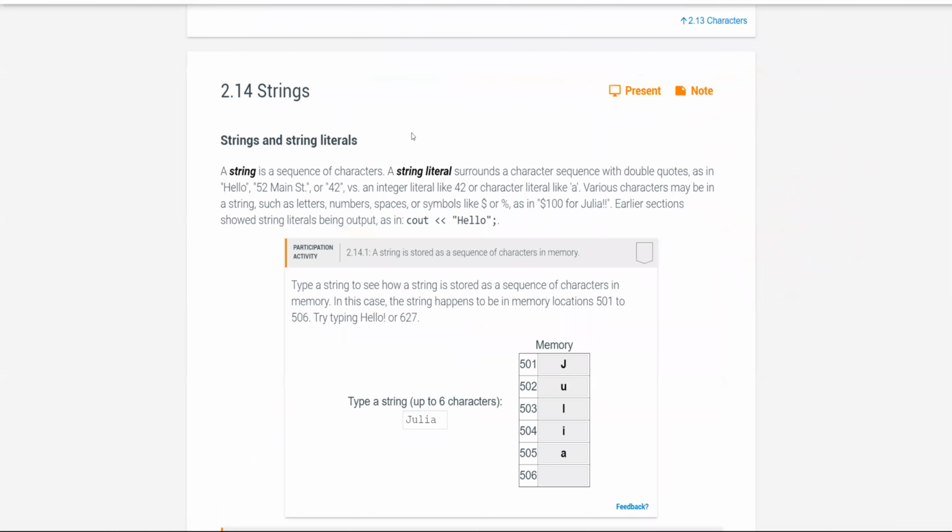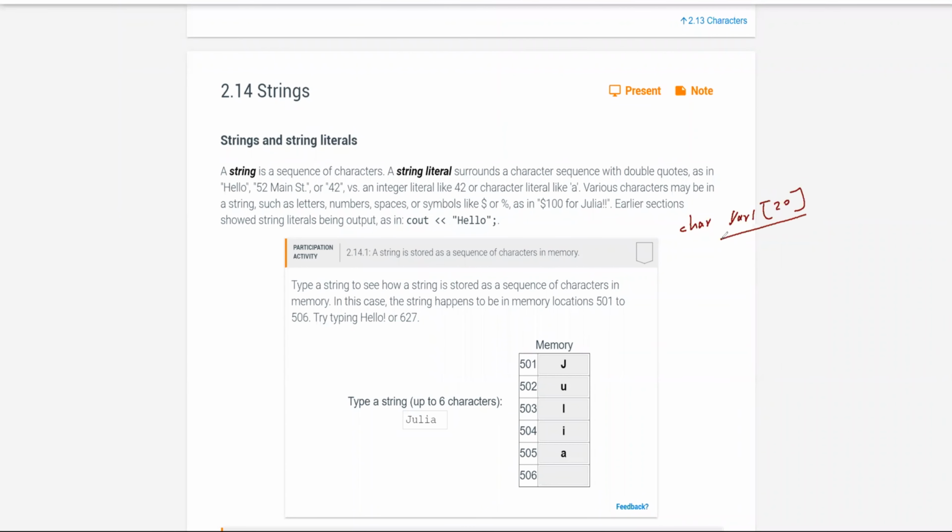In 14, they're talking about a series of characters, and we give it a name called string. As before, if I have a string of characters, we call this var1, and if I have 20 characters, I can put it like this.